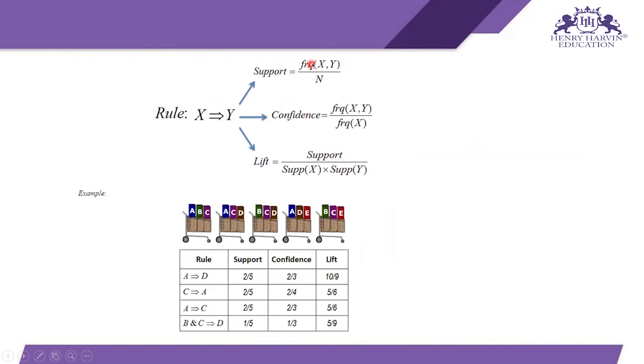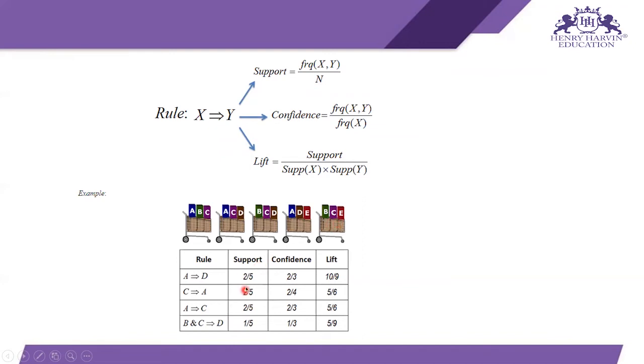So these are some rules, like rule X to Y, with support, confidence and lift. And this is a simple example where someone buys products ABC, someone buys ACD, someone buys BCD, another person buys ADE, and another person buys BCE.